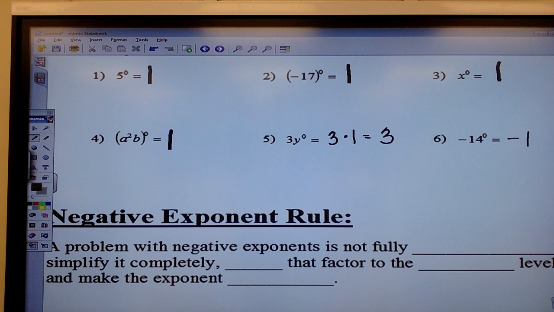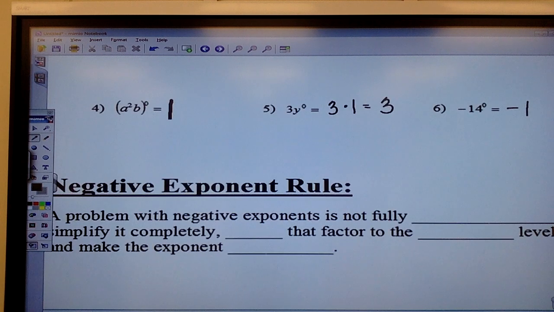Now let's talk about the negative exponent rule. A problem with a negative exponent is not fully simplified.